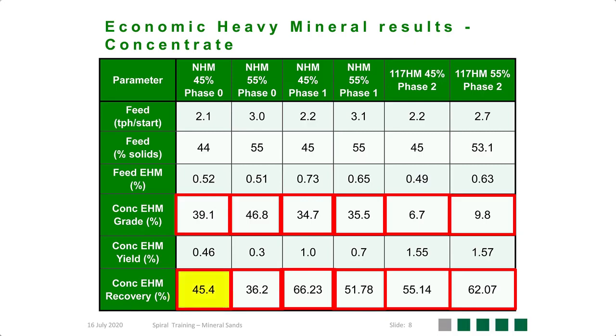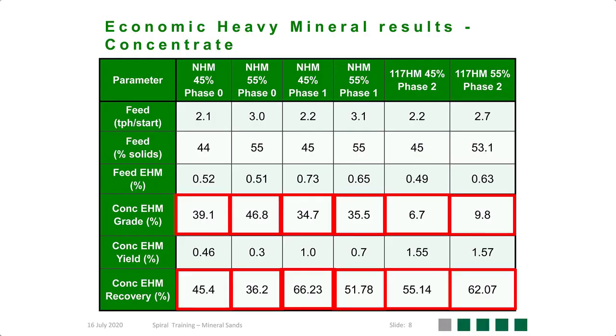In phase 1, 66%, and then in phase 2, around 55% recovery. Now let's look at the 55% solids results. If we look at phase 0, we are sitting at around 36%. In phase 1, around 52% recovery, and then in phase 2, around 62% recovery. So here we see a different trend. It steadily increases over all the phases.